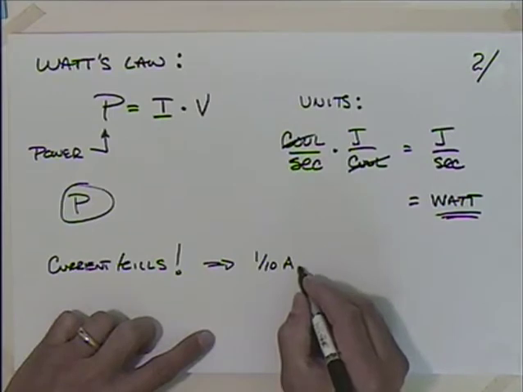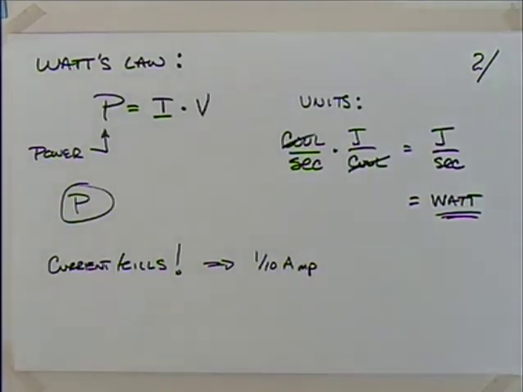Let's say an amp will kill someone, 1/10 of an amp. And if we were to look at the battery in your car, it's quite capable of producing 500 to 1,000 amps. So quite a bit more than 1/10 of an amp. Even a small battery could produce way more than 1/10 of an amp.